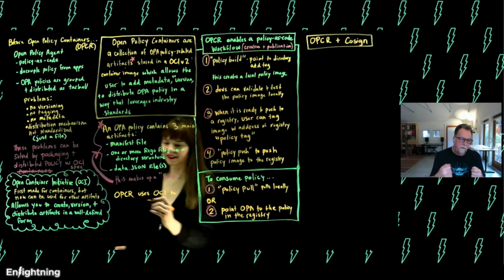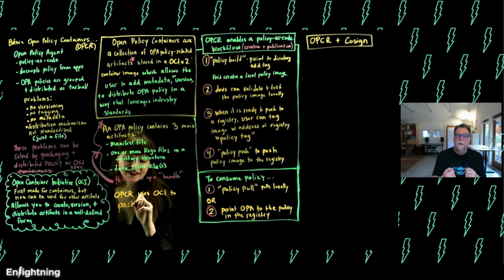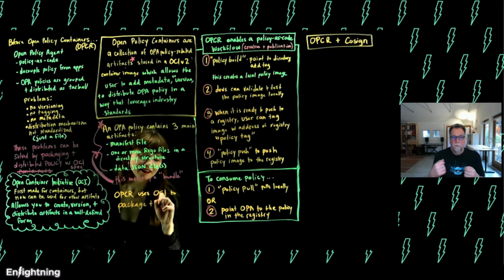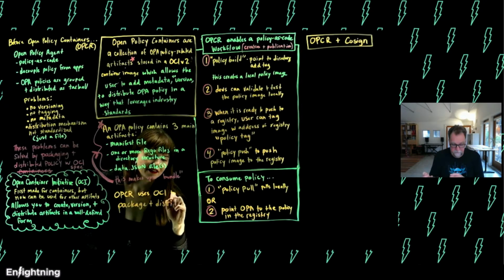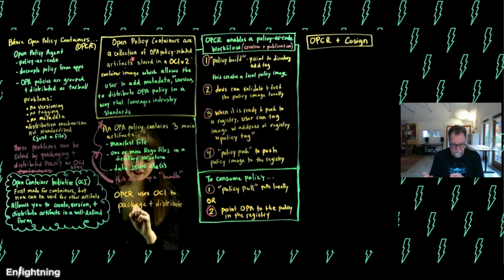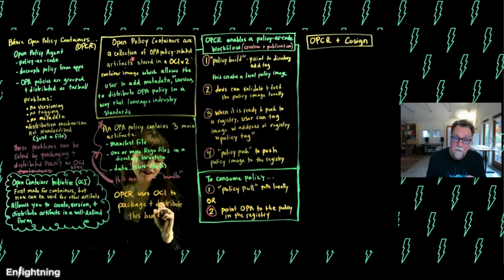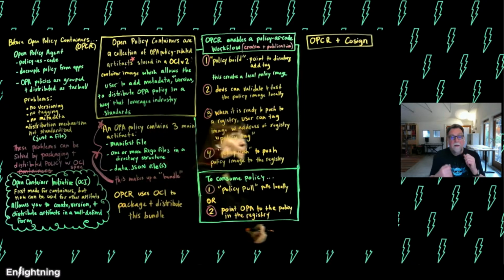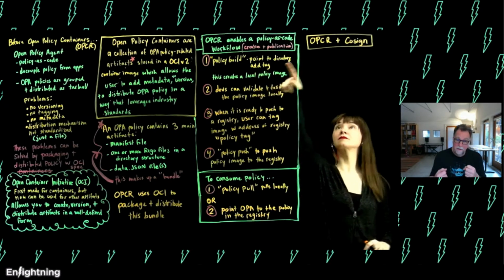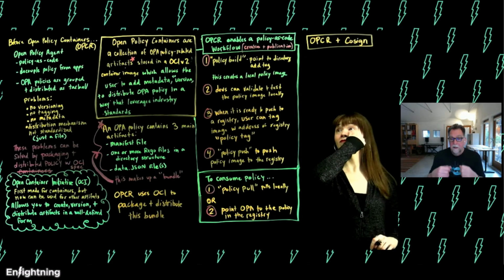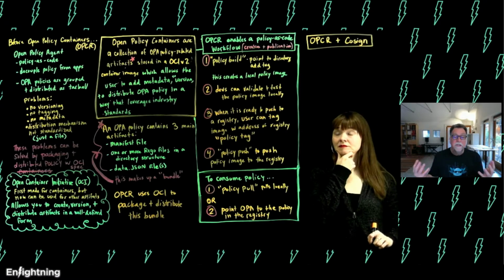What the Cosign initiative gives us is the ability, when we produce the artifact, after step 1 of your policy build, to say, hey, I want to sign this.